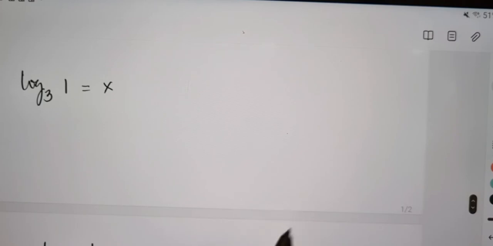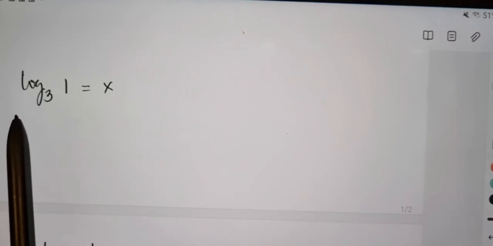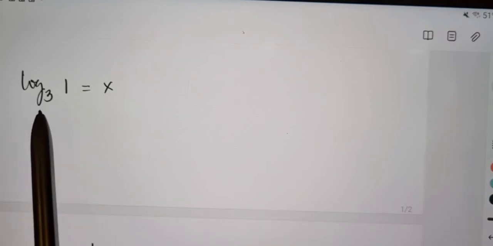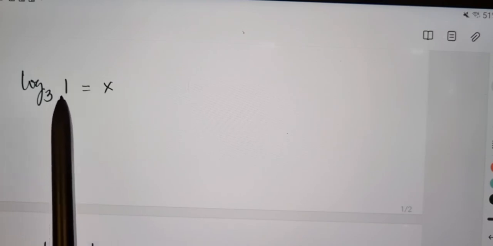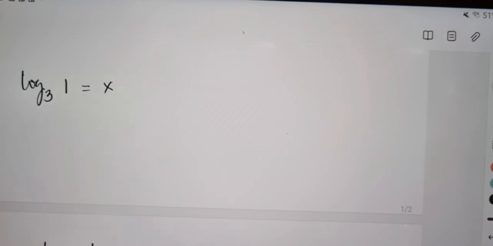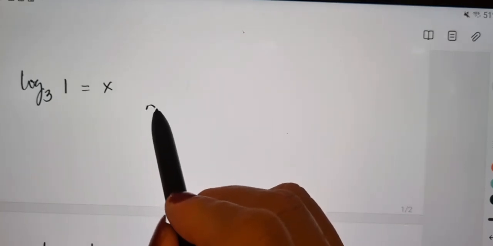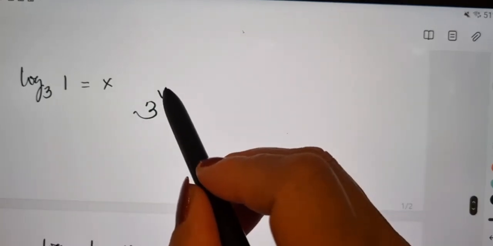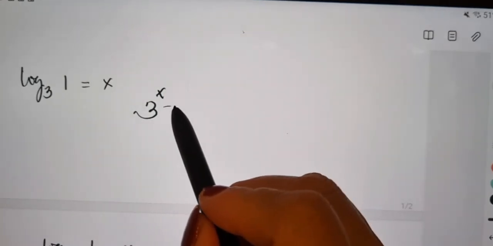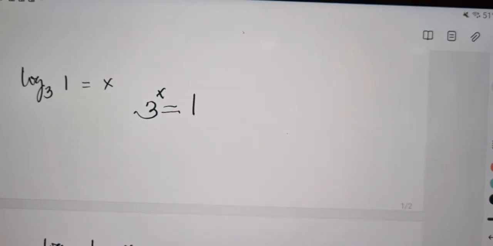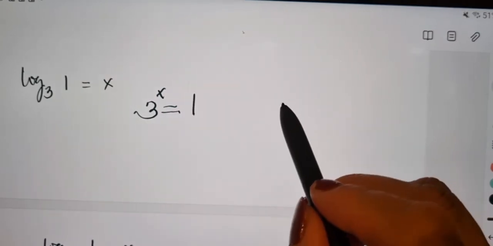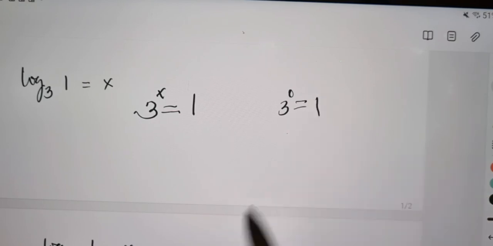Here we have log base 3 of 1 is equal to x. Okay, so again, 3 is the base. What would be the exponent wherein the answer is 1? Now, we know that 3 raised to 0 is 1.